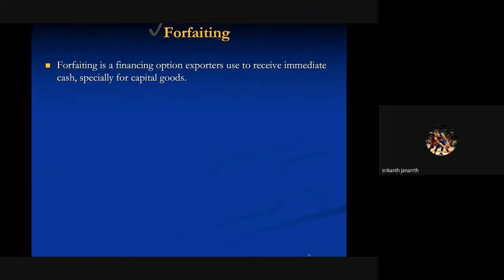What is forfeiting? It's a financial option exporters use to receive immediate cash, especially for capital goods. All the financing we have seen so far is factoring done for general commercial commodities.